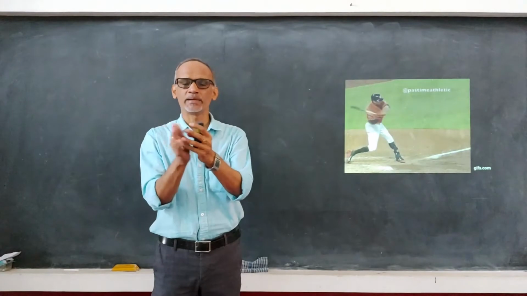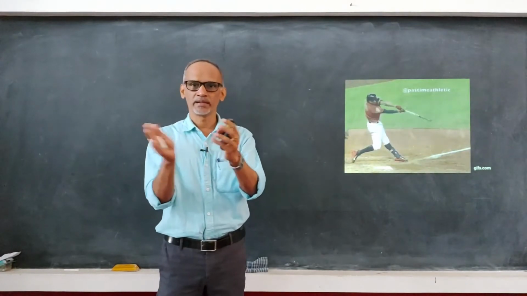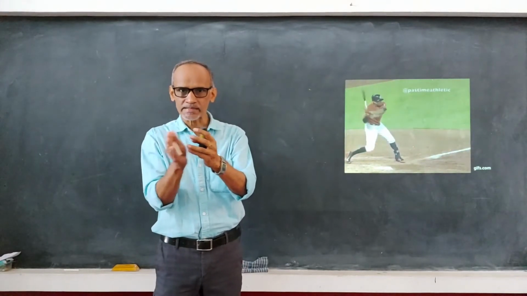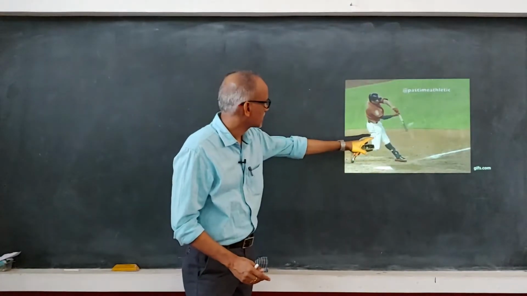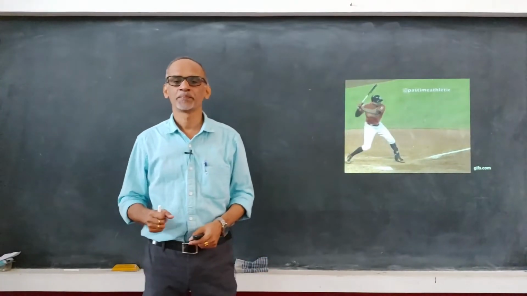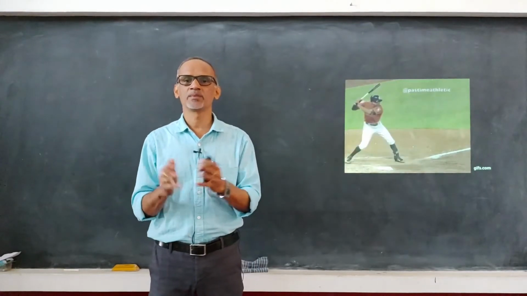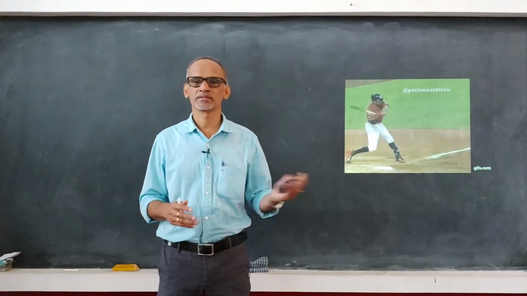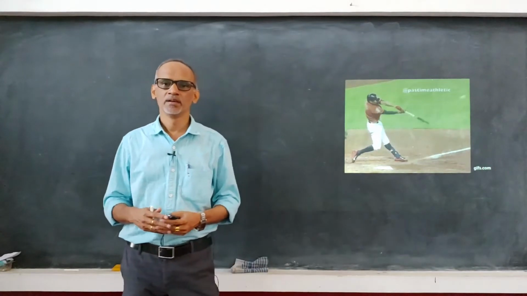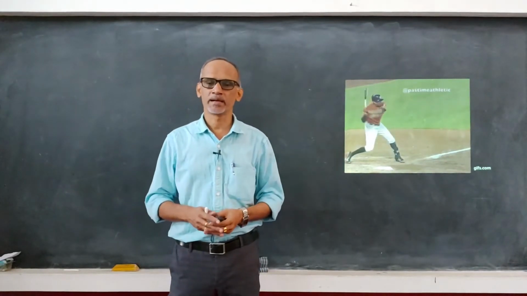At the instant when it is hit, not after hitting, the bat slightly moves backward. So here, the total momentum before hitting the ball is equal to the total momentum after hitting the ball. The same is valid even in the case of the ball hitting a cricket bat.